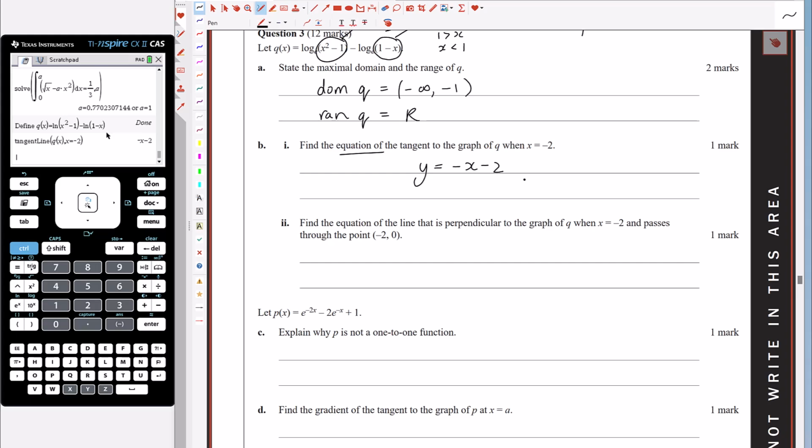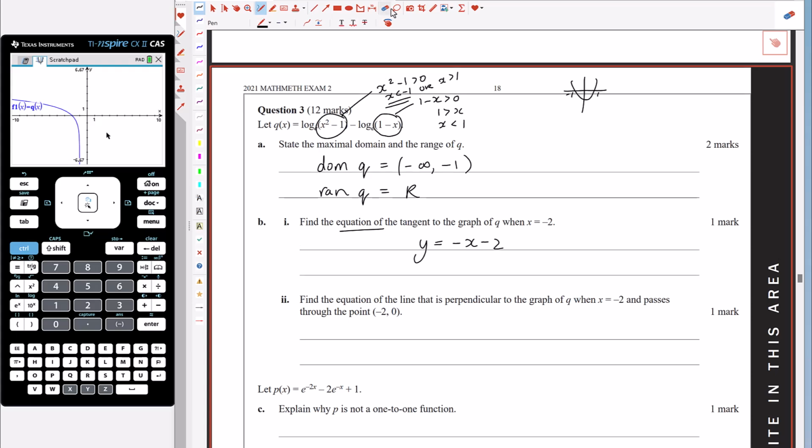So let's just be clear about, let me go back over to the graph here. So what we've just found is, let me draw the graph, get this out of the way so we've got some space. Okay, so our function looks like this. That's -1. Therefore, -2 is going to be somewhere here.